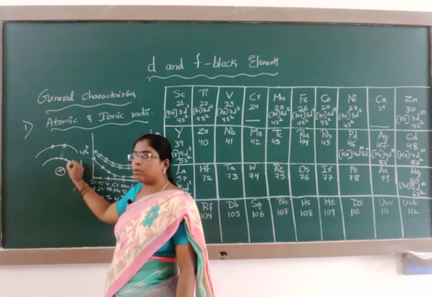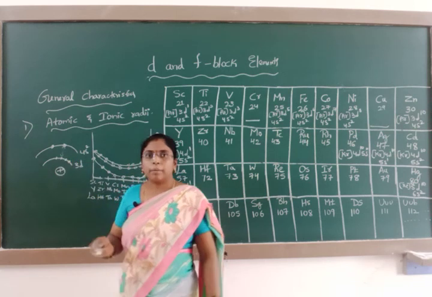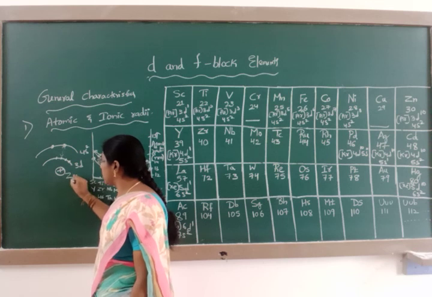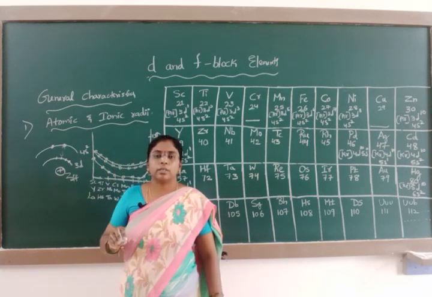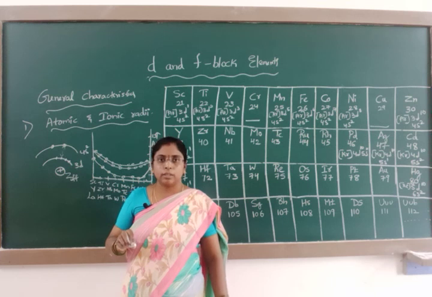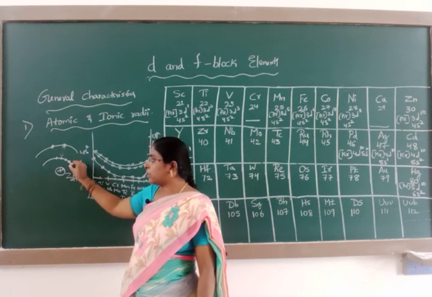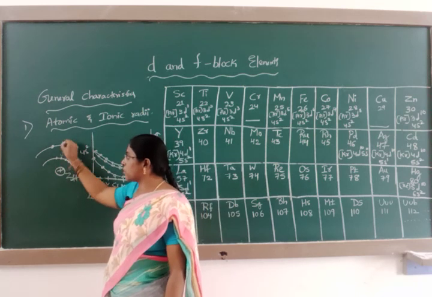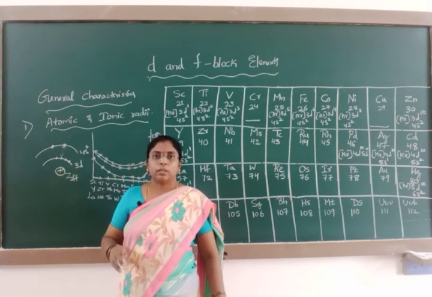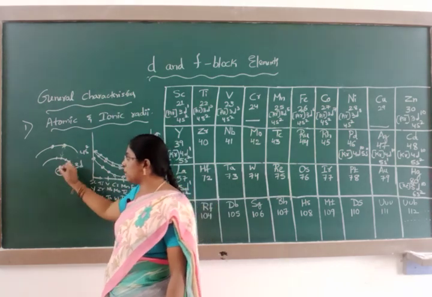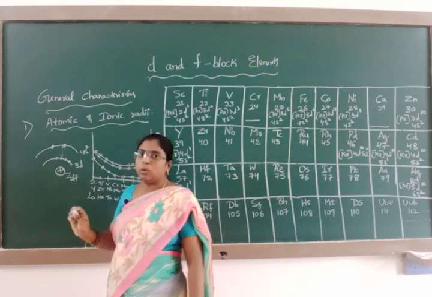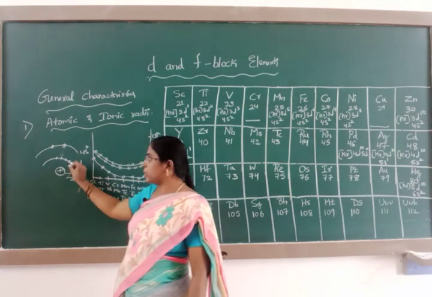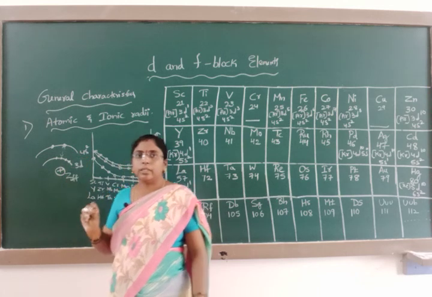As the electrons go on adding, the effective nuclear charge, Z effective, increases. As electrons are added to the same shell, the force of attraction between the nucleus and the outermost electrons should increase. But these have very low shielding effect, low screening effect, because only a few electrons are added initially.